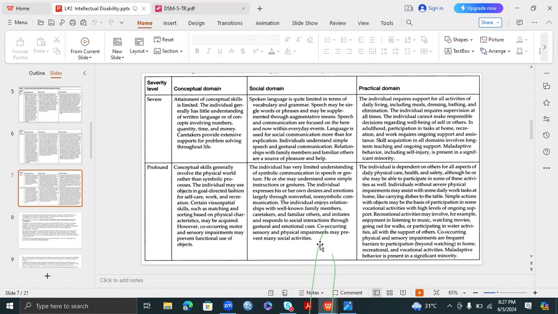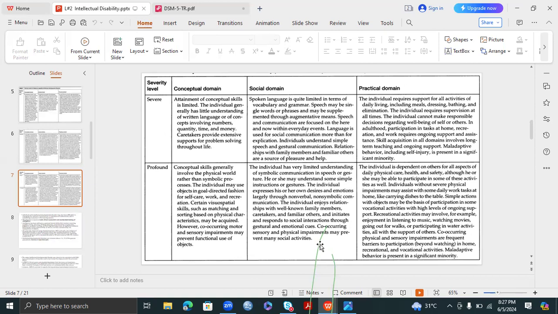Language is used for communication, as we all know, but in such a case, language is a very huge barrier to understand them. Individuals understand very simple speech, and they prefer to communicate in a gestural, or non-verbal, manner. Their relationship with their family members and familiar others is a source of pleasure and love for them, and they prefer those individuals around themselves.